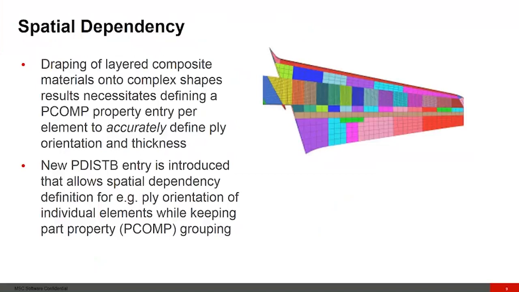In that case, in order to not have to define a PCOM property entry per element, we've introduced a new PDIST-B entry, so you can modify the thickness and orientation properties for certain elements in the part and not change the entire PCOM property for the part group.